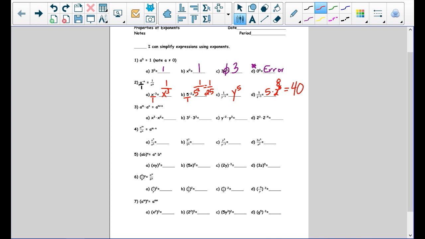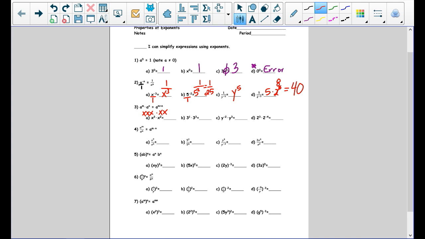The rest of these rely on the same base. The big number, the base number, has to be the same. The variable has to be the same, or the number has to be the same. So if I'm multiplying two values with the same base, if I look here at letter A, x to the third is x times x times x, right? x squared is x times x.